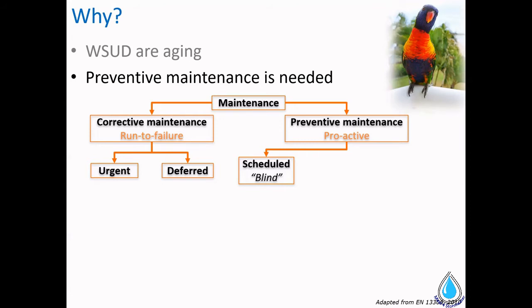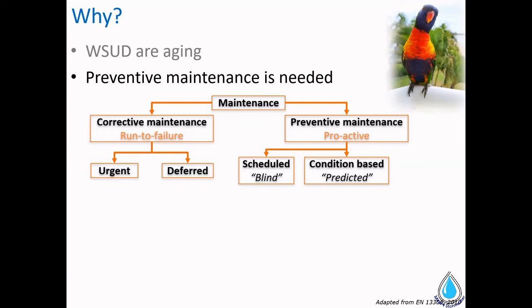You may arrive too late, so after the failure, or you may arrive in a situation where the asset is in good condition and no inspection was required. One other way for preventive maintenance is to base the maintenance on the prediction of the condition of the asset.